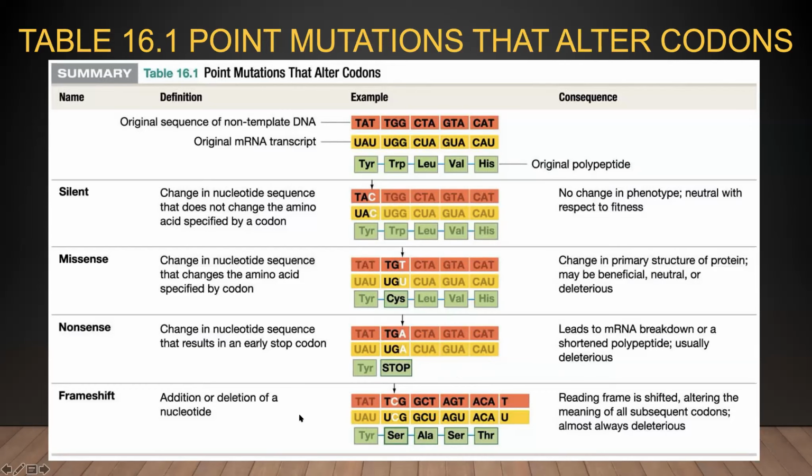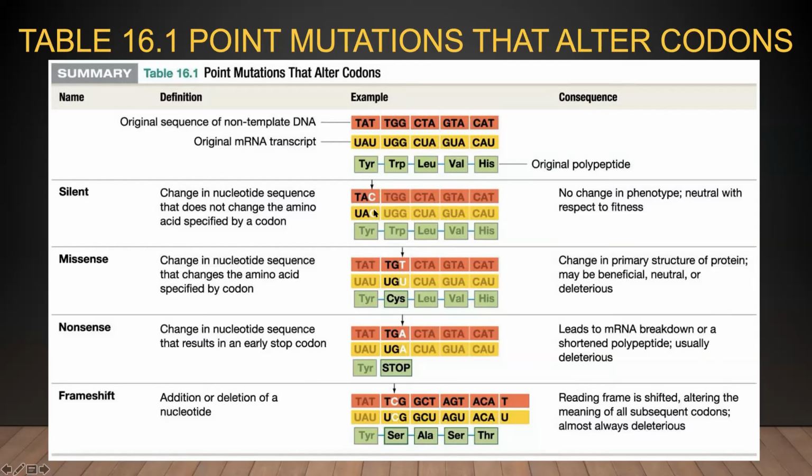And then we have the frame shift, and again, this is usually really, really bad because you're creating a different protein, and so who knows what that might do. Okay, so that's a nice little summary table for you guys. You might want to take a look at that one as you go along.